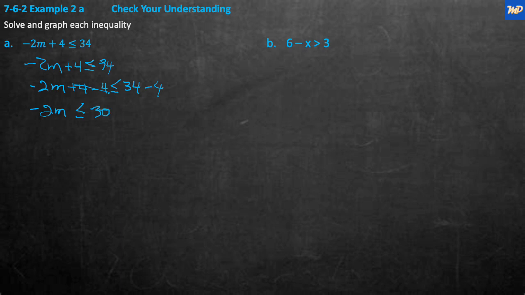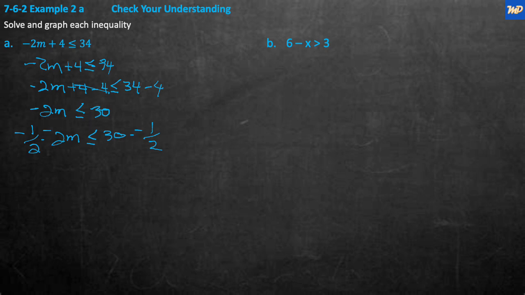Now the coefficient of m is negative 2. So that means we're going to flip the inequality sign, and we're going to multiply by the inverse, which is negative 1/2. So we're going to multiply negative 1/2 times negative 2m is less than or equal to 30 times negative 1/2.